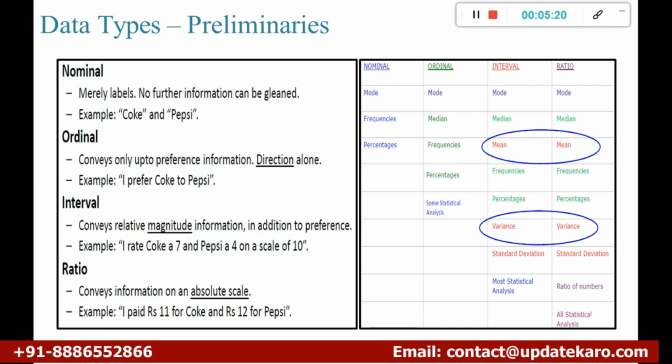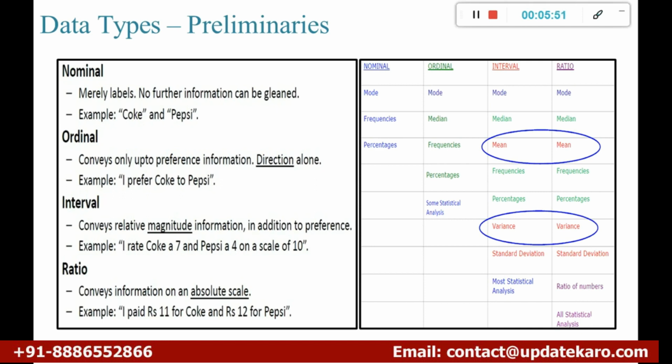It's not like you have to rate on the scale of 10 for a laptop, and on the scale of 5 for a mobile. No, it won't be like that, right? So you will always give the ratings on a specific scale.